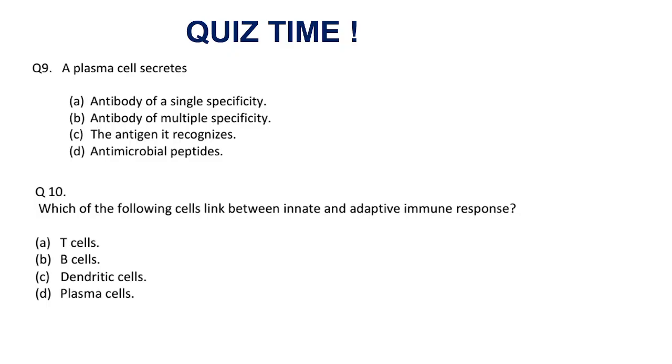They are fully differentiated B cells. And what do they produce? These cells are specialized to produce and secrete massive amounts of a single type of antibody, an immunoglobulin that specifically targets one particular antigen or epitope. So an antibody of a single specificity is what is secreted by the plasma cell. That is option A.